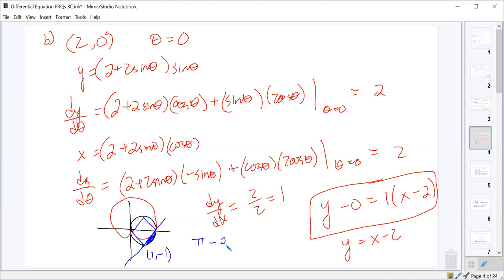So pi minus 2, right? If I'm taking off the entire square, root 2 times root 2 is 2. And I had 1/4 of that. So the answer was just pi minus 2 over 4. Everybody good with that on part B? That's where I was hoping you would go with that.